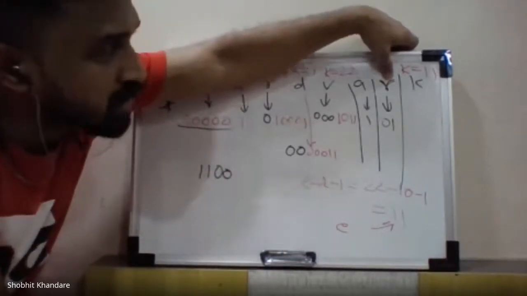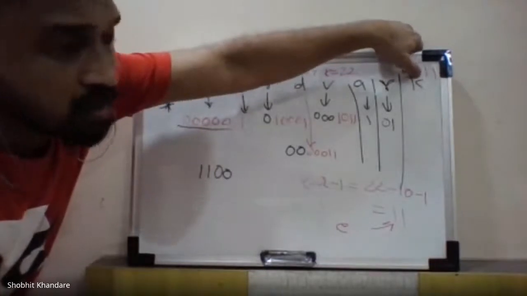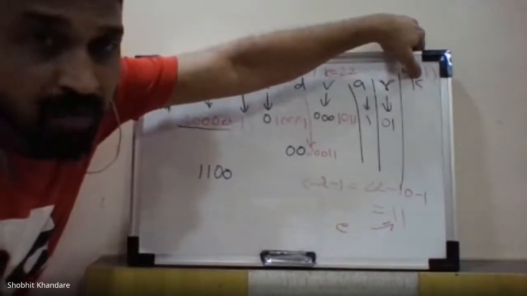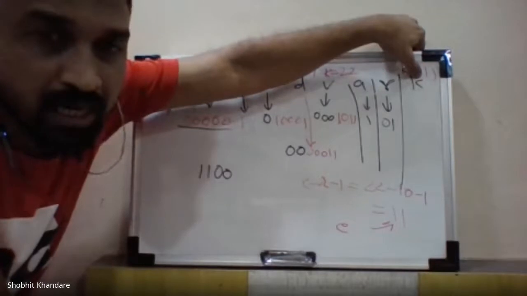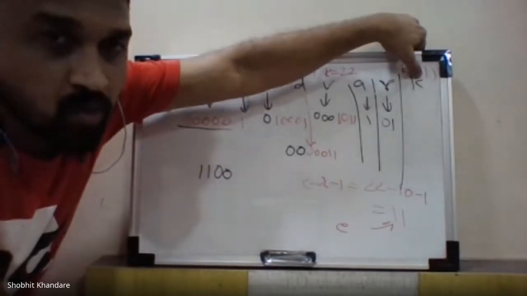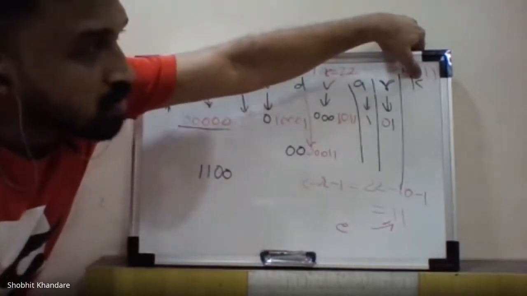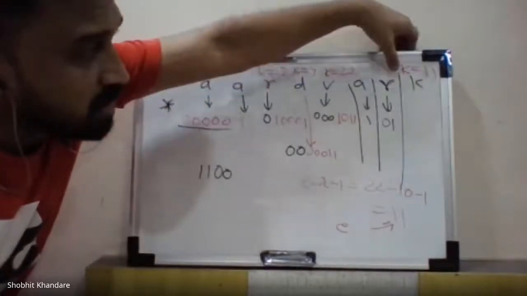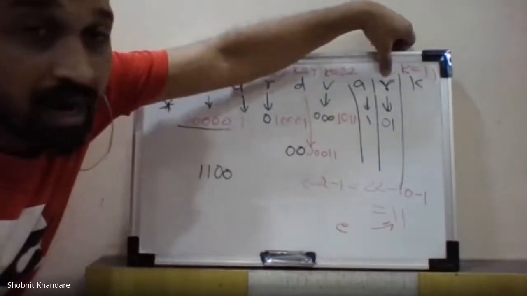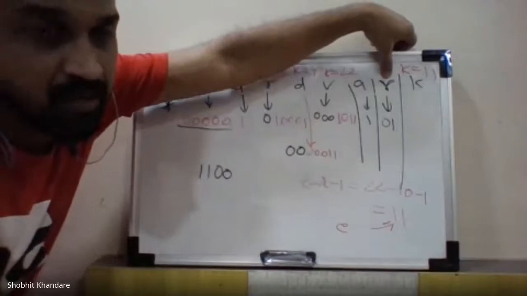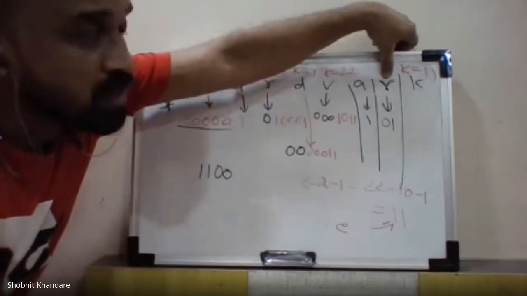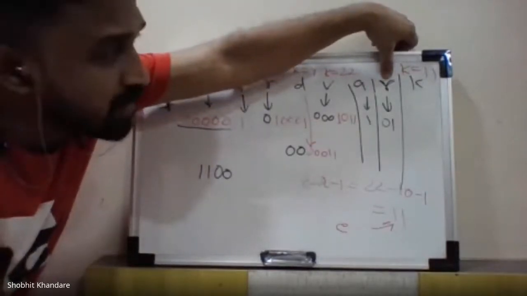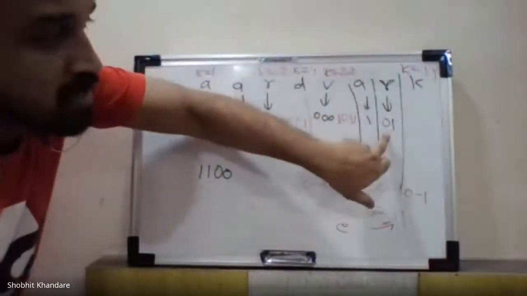So what I meant to say is that to get the code for k, you have to check the conditions for that particular tree when R was inserted. When R was inserted, you directly wrote the code for R as 01.